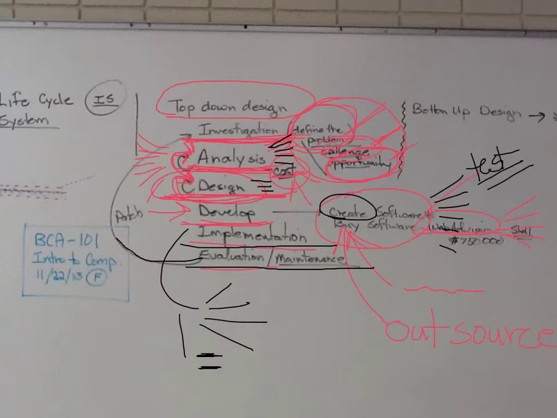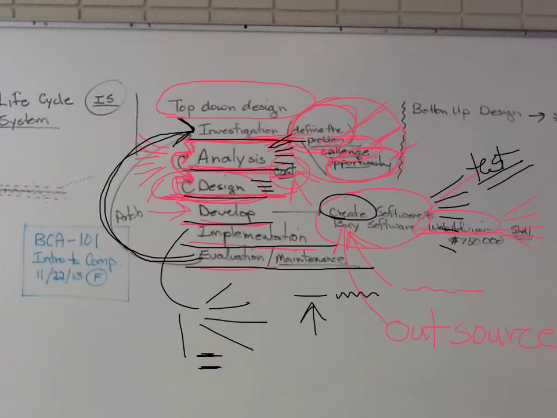The evaluation then runs us back into a loop. You find out as you implement some items don't work. Then you have to analyze that, so it goes right back to the investigation stage. Analyze, you find out what's wrong, analyze it, design a fix, develop the fix, and implement the fix.